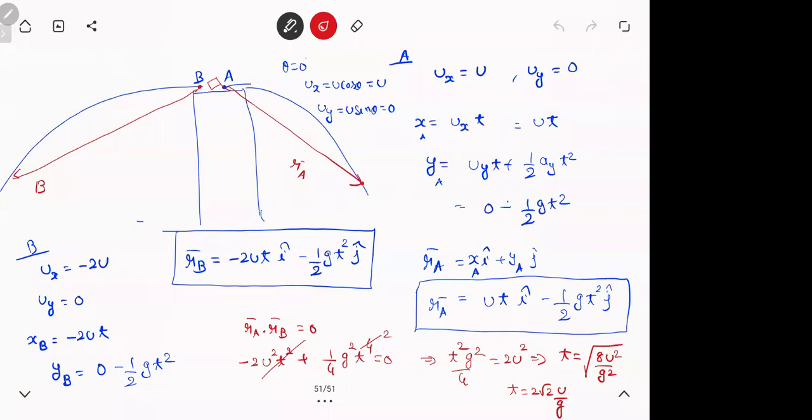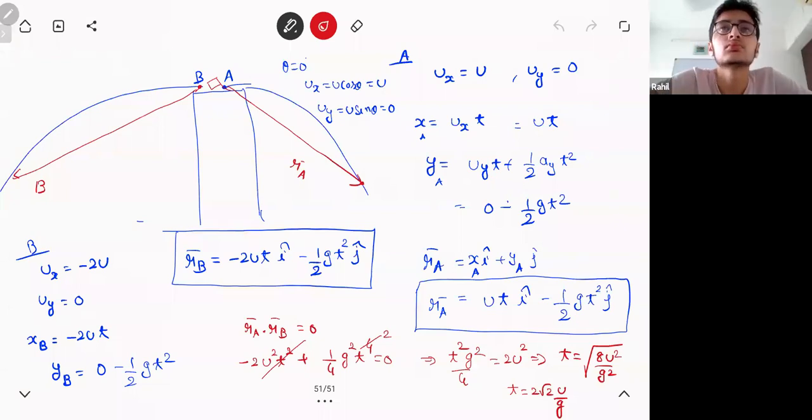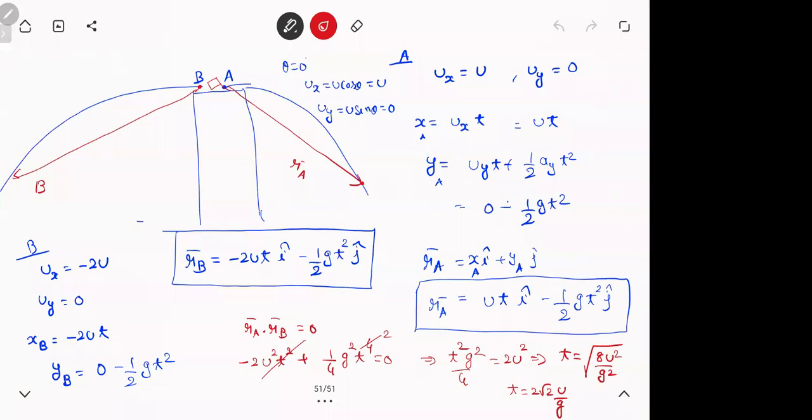Have a look at this. Any particular doubt in any step, please ask me. How did I get the minus sign? What is that? What is this? Anything? And now everything feels okay, okay.